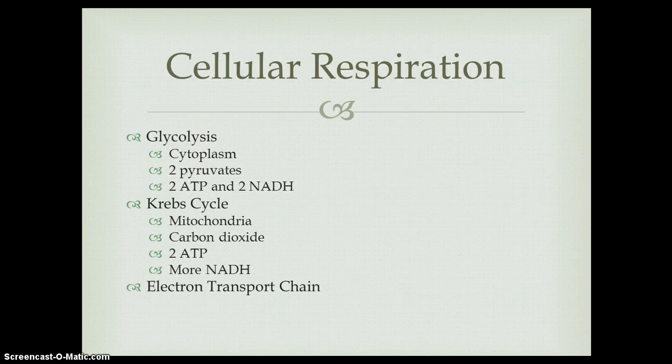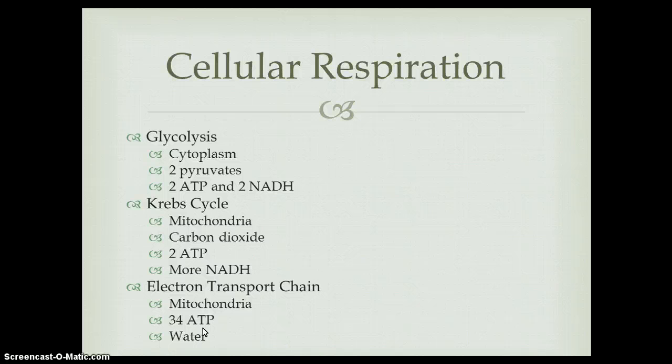This is the big money maker. It creates 34 ATP. It occurs in the mitochondria, and a byproduct is water. But again, the big thing here is 34 ATP. If the electron transport chain does not work, you will not be able to survive very long.